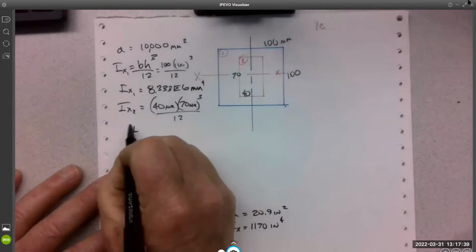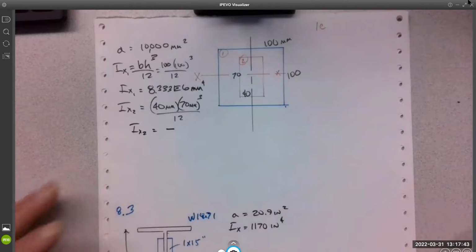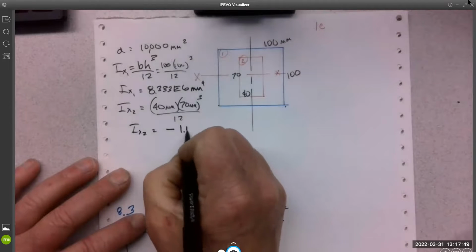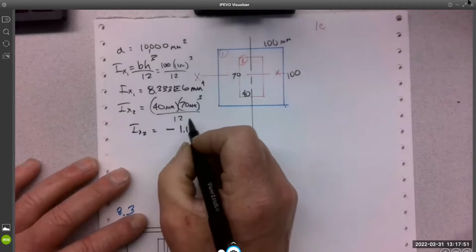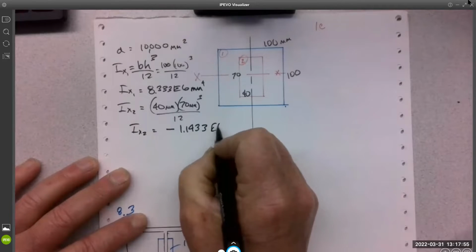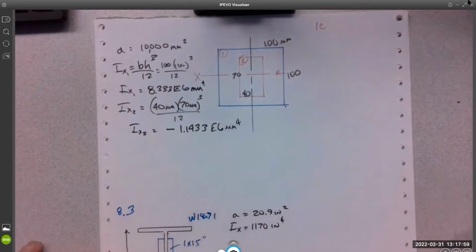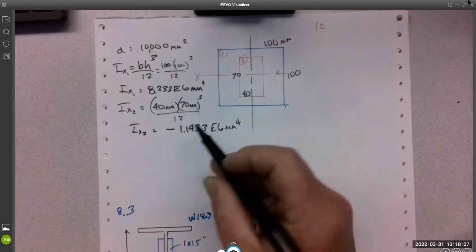So the 2nd inertia, or the hole, I'm actually going to note that now as a negative. What'd you get? 1.433 E6. That look right? 1.14333. Okay. Good. And this is negative because it's a hole.